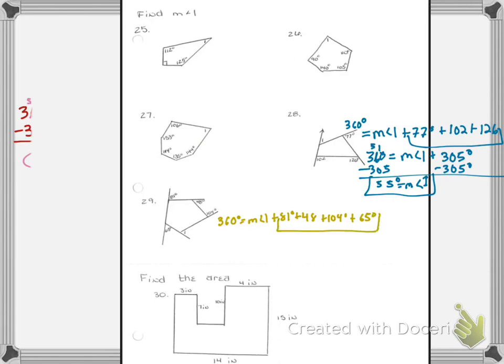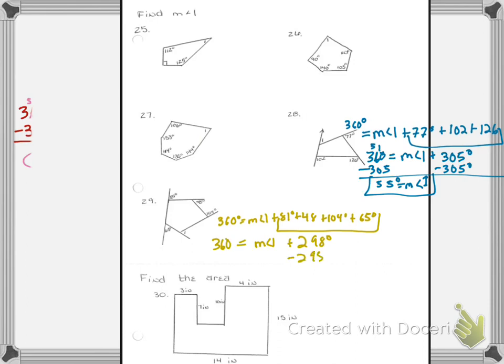We're going to add up this portion. Take a second. So 81 plus 48 plus 104 plus 65 is 298 degrees plus the measure of angle 1 equals 360.